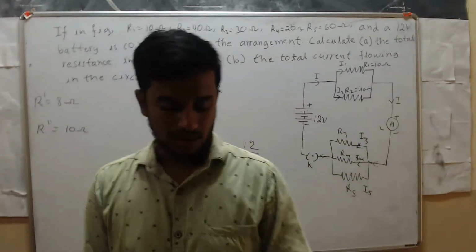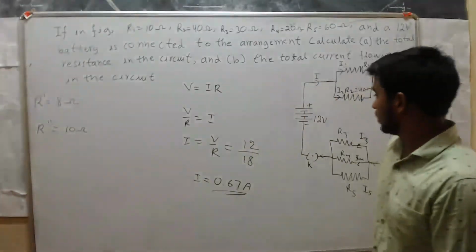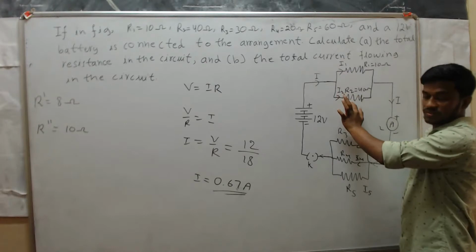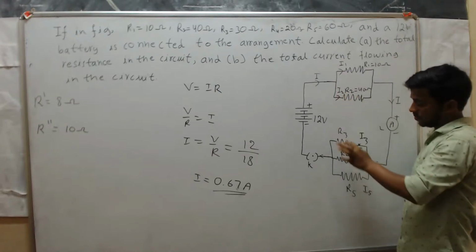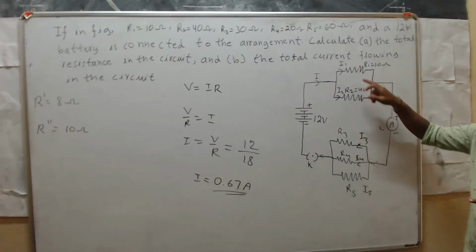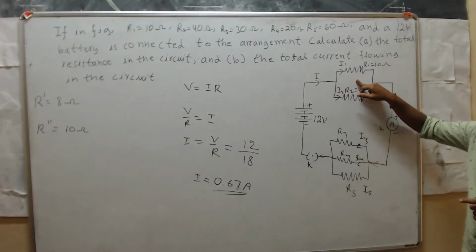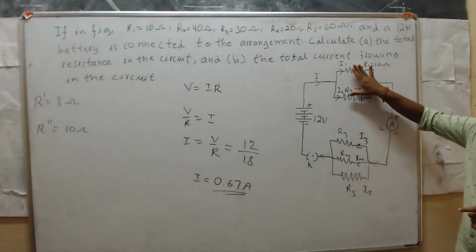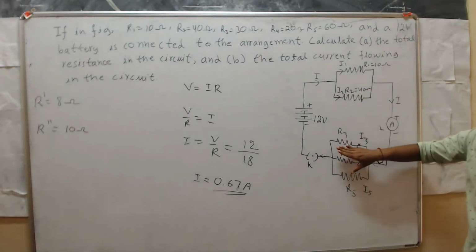See here, the voltage here and here is the same. But remember, keep in mind, these two are in series, these two are in parallel, and these three are in parallel, but this combination is in series.